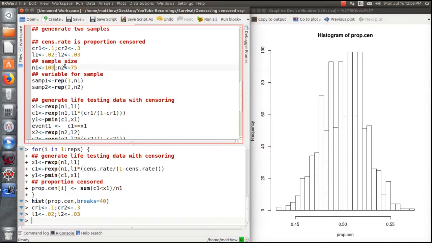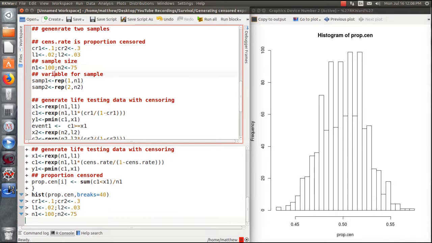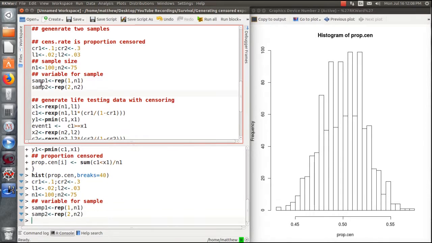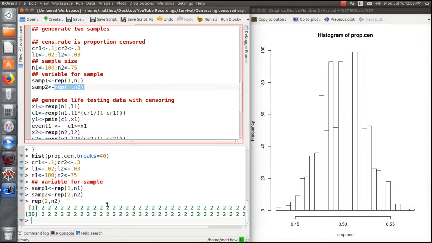Sample sizes in each is 175, and then we're going to create sample 1, which is just a vector of 1s to indicate we're at sample 1, and this is going to be a vector of 2s that indicate we're in the second population, because we're going to combine those.